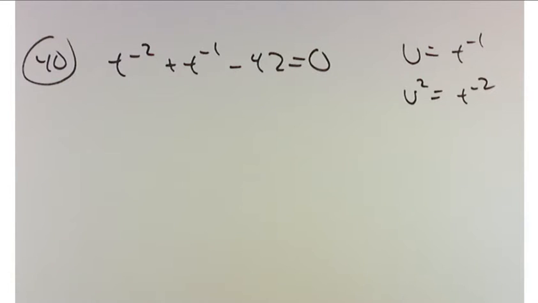So try and substitute it in, come up with the equation, factor and solve it. At least solve it for u. Maybe we'll solve it for t together, but at least try and solve it for u.